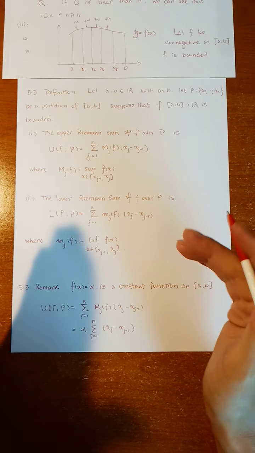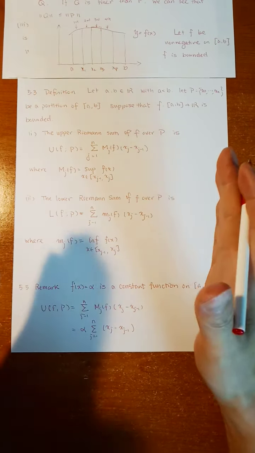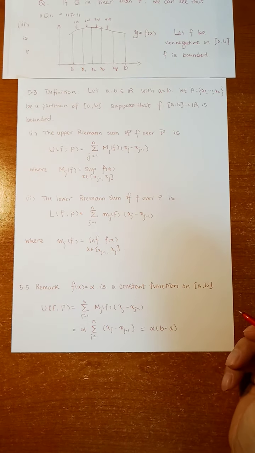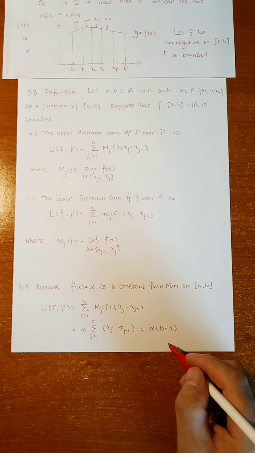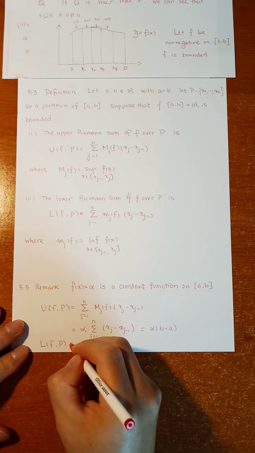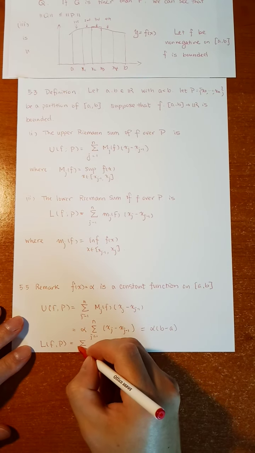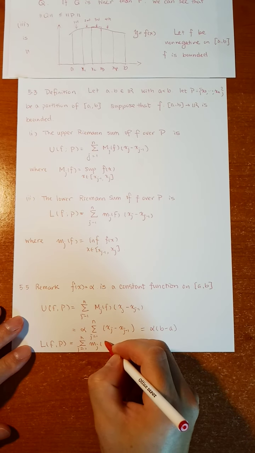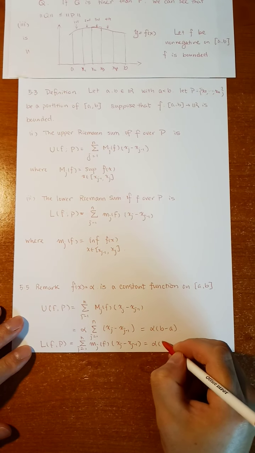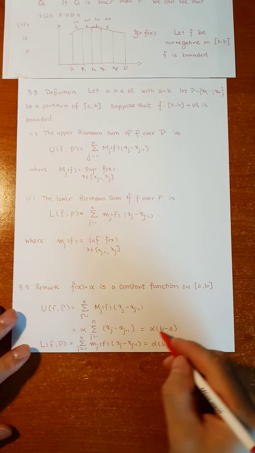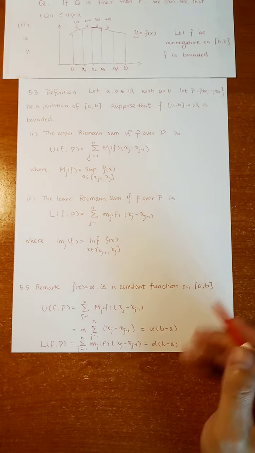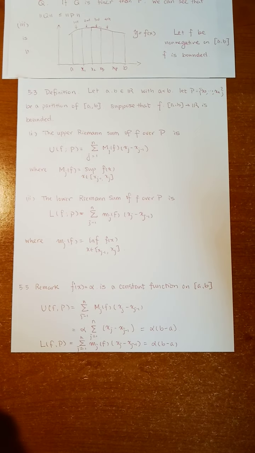You add the lengths of those intervals together, you will have the length of [a, b]. So the upper sum is alpha times (b minus a). And if you do the computation for the lower sum, you will have the same thing, because the infimum is also alpha, and you still use the sum of all the lengths of subintervals, which is equal to the length of the total interval, b minus a.